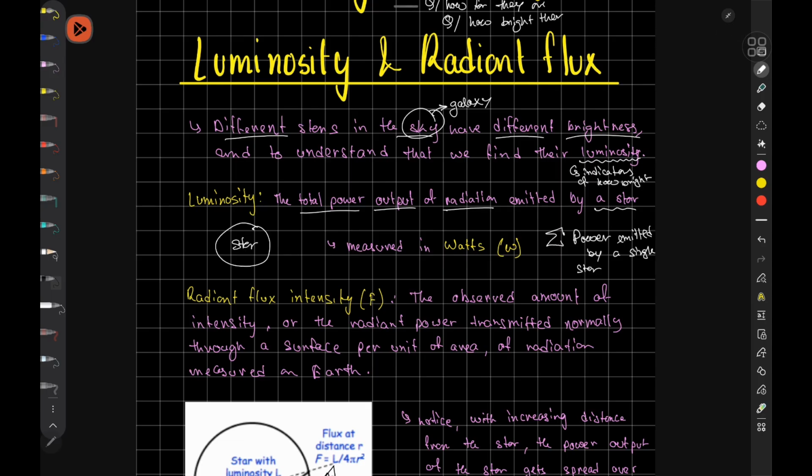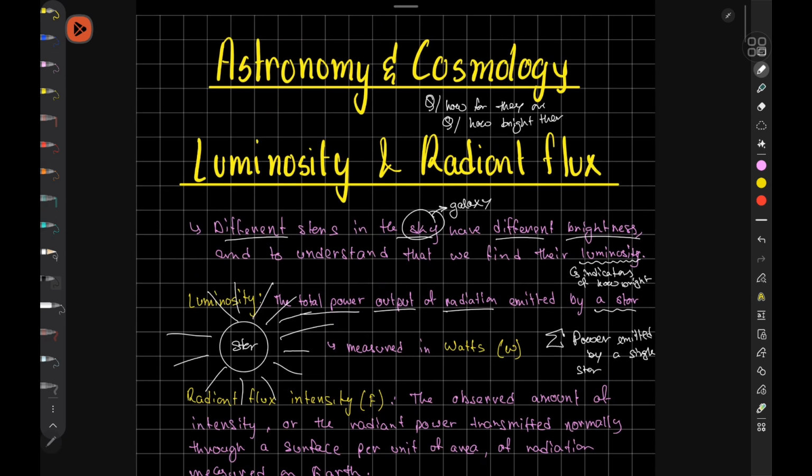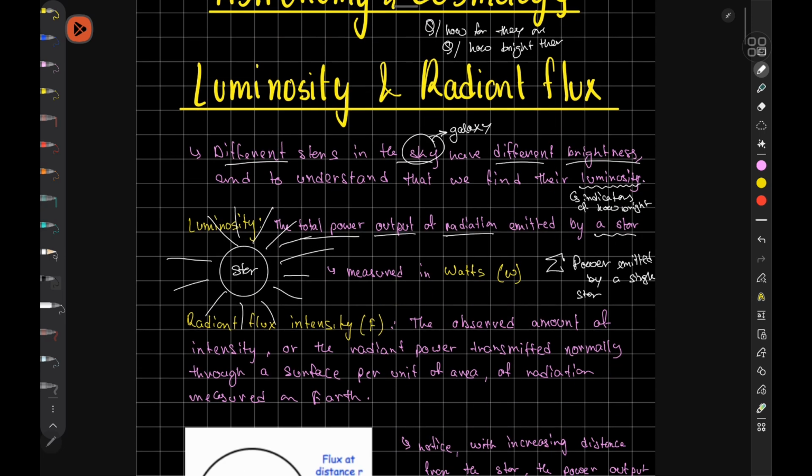So if you have a star which is obviously emitting some amount of light, some amount of energy, right? It is emitting energy, practically speaking, and a big part of that EM radiation is visible light. Literally, it is a continuous distribution of what kind of light is emitted, and varies from radio to gamma waves.